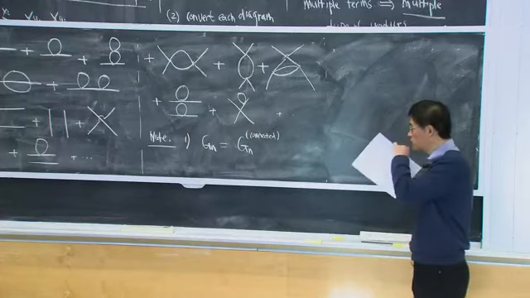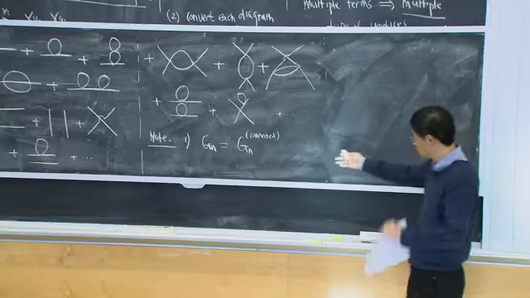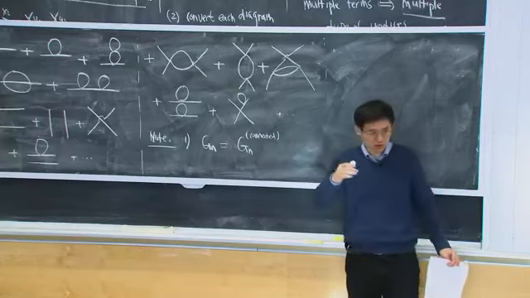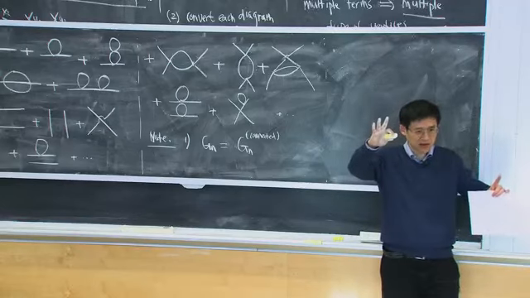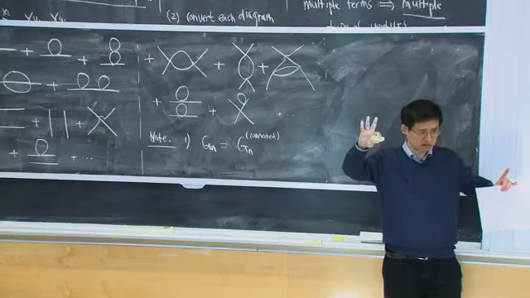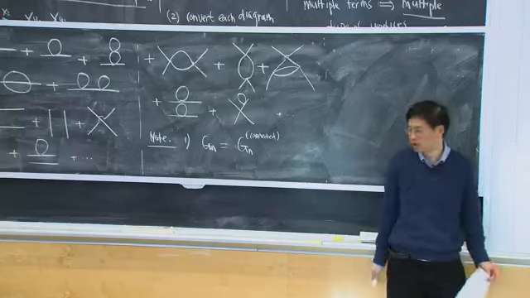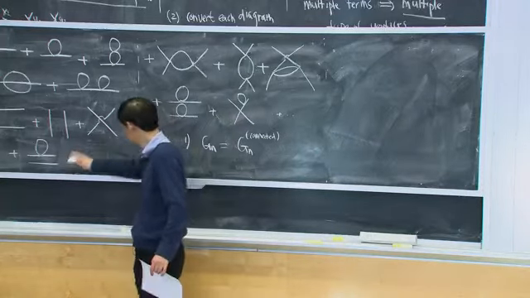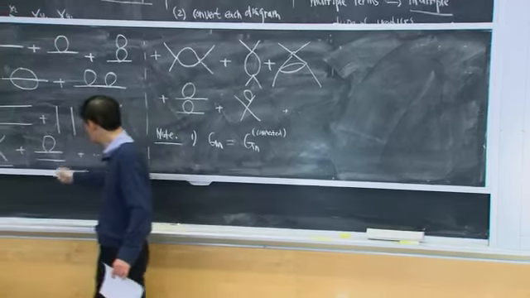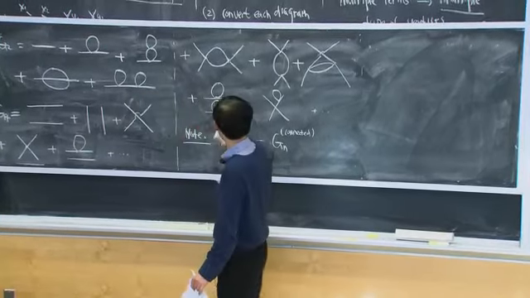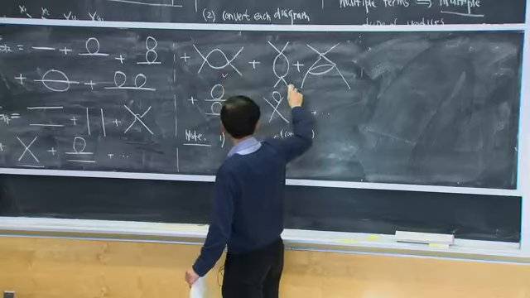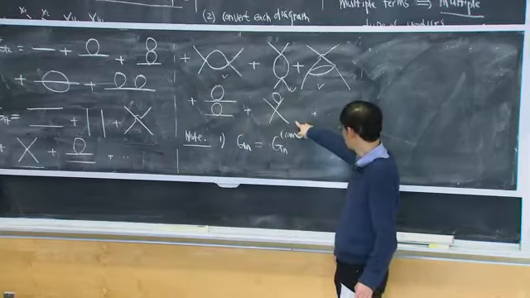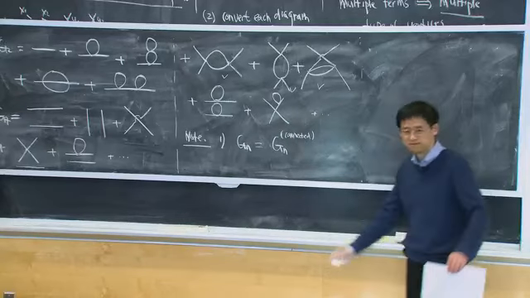A connected diagram, essentially by its name, corresponds to diagrams in which all the external legs are connected within a single diagram. So this is a connected diagram, this is a connected diagram, but this is not. This one is connected, this one is connected, this one is not. This is also a connected diagram.